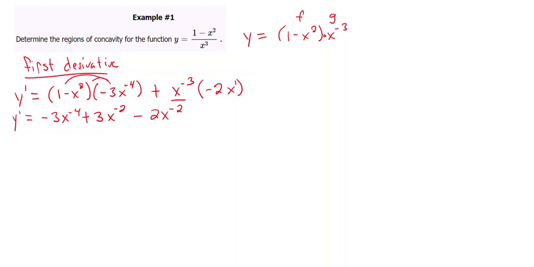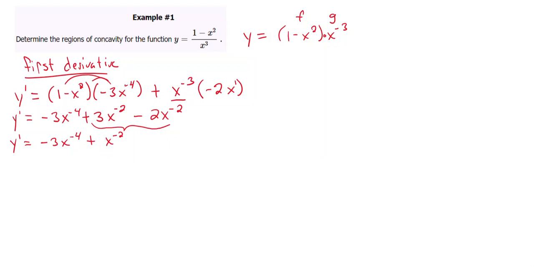Well, that made things a little bit better because those are like terms, so I can combine those. So y prime is equal to negative 3x to the negative 4, and then 3 minus 2, so 1, or just x to the negative 2. Okay, so now that's looking okay. This really is the derivative, and it looks pretty simple right now too.